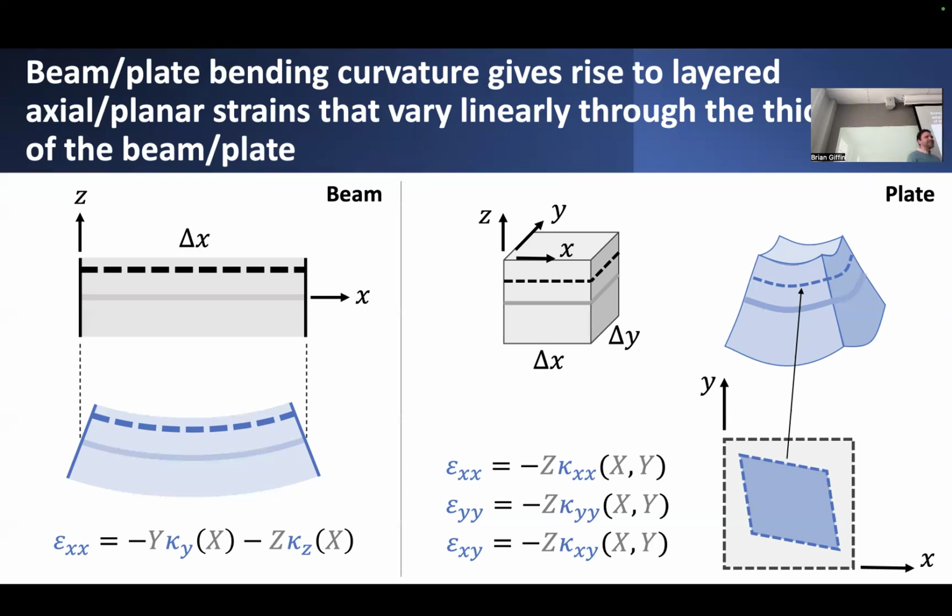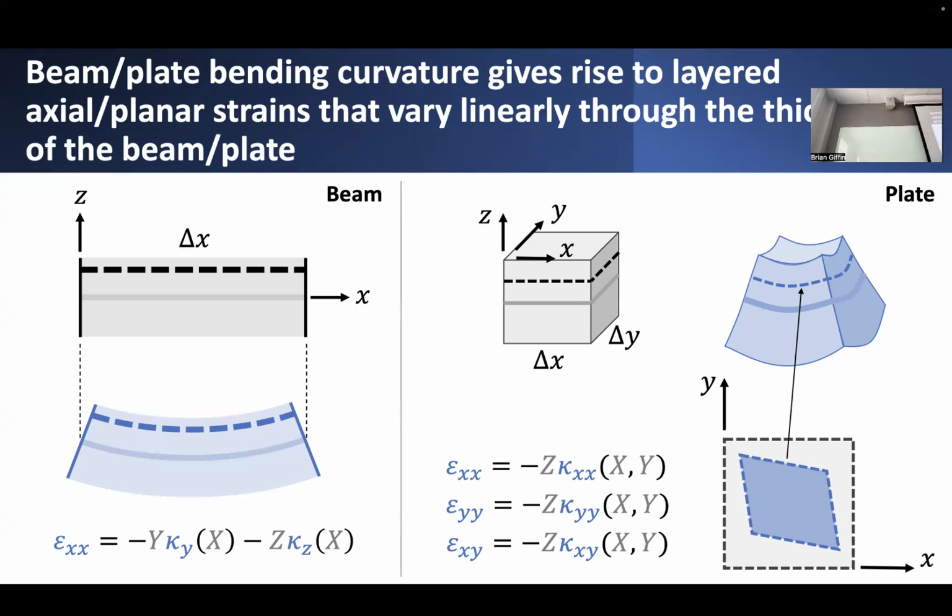So if kappa z is positive as shown here, and if I'm looking at position z above the neutral axis, then really what it says is I should have a resulting axial strain that is negative, indicating that fibers above the neutral axis are being compressed. Conversely, if I look at values of z below the neutral axis, negative values of z, then obviously I'll get positive values of strain indicating that it's elongated.